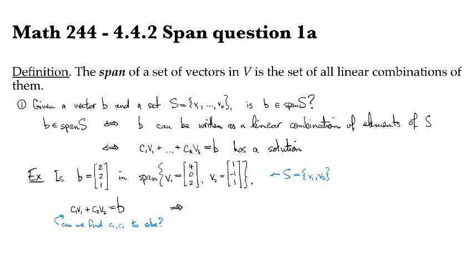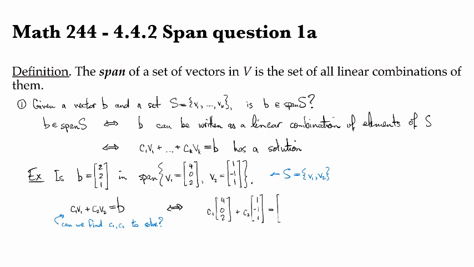So in terms of the numbers that we've got for this problem, that means we're looking to solve C1 times 4, 0, 2 plus C2 times 1, minus 1, 1 equals 2, 2, 1.